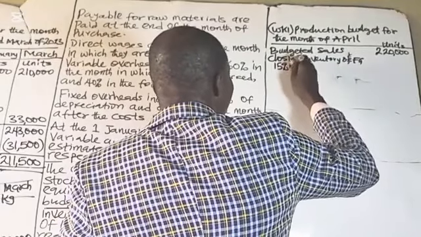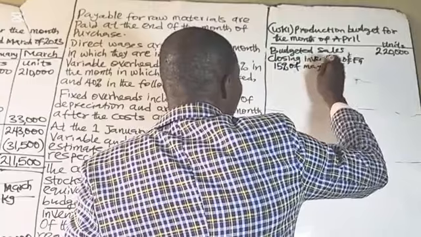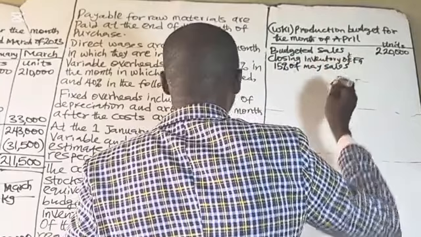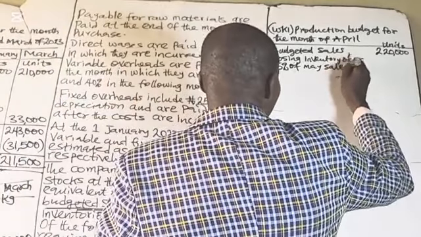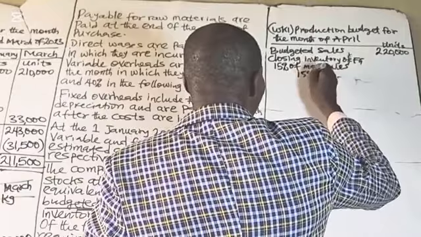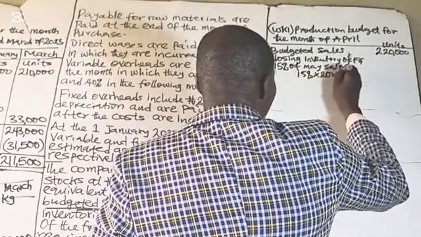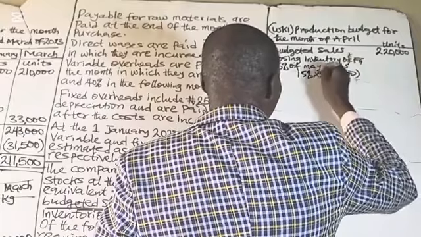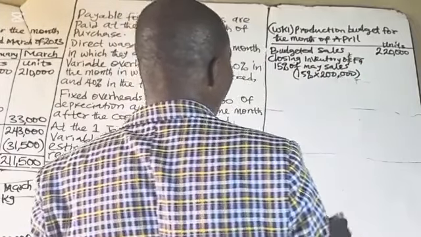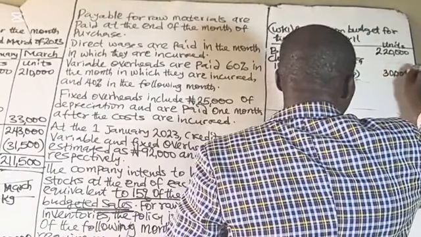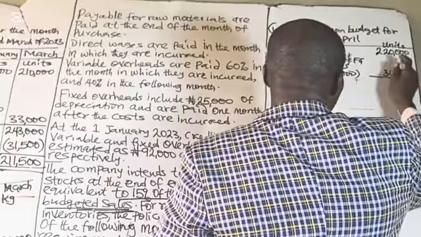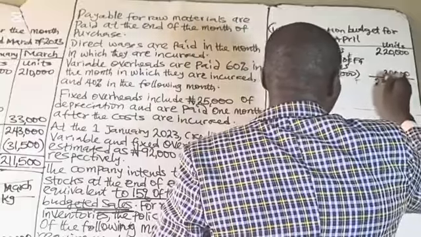The sales in the month of May is given to be 200,000 units, so 15% of 200,000 units will be 30,000. If you add the 30,000 to 220,000, you have 250,000.